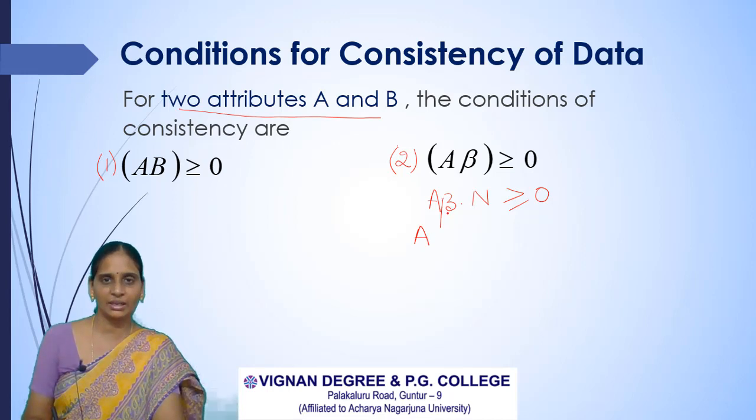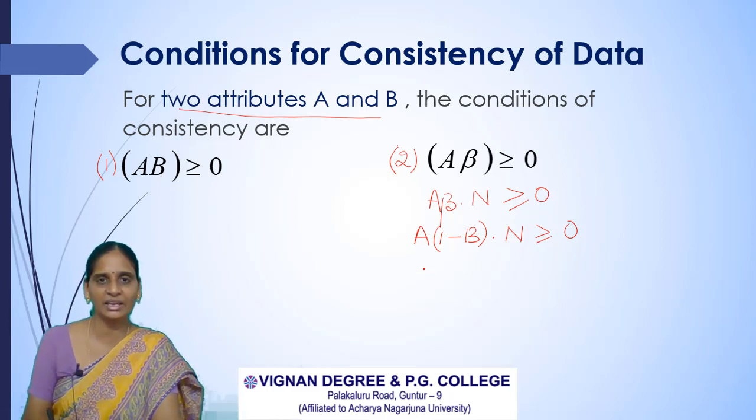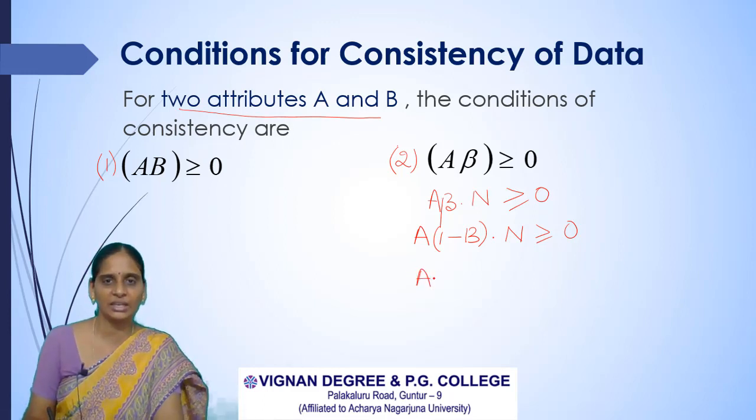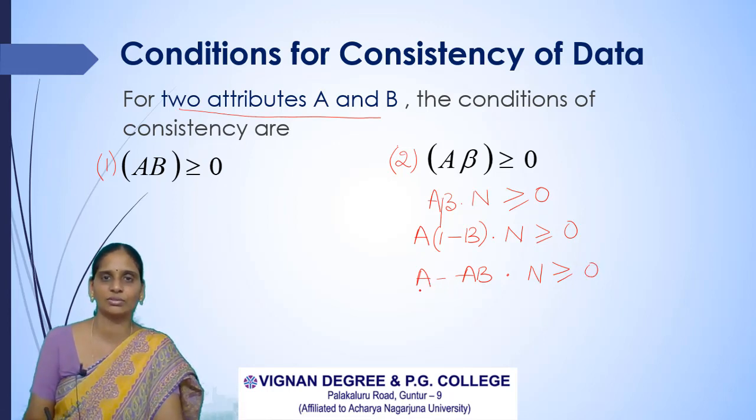Again, A beta can be replaced by the operator a into 1 minus b into N. This is greater than or equal to 0. So you have to multiply a into 1 minus b. We get a minus ab into N, which is greater than or equal to 0.